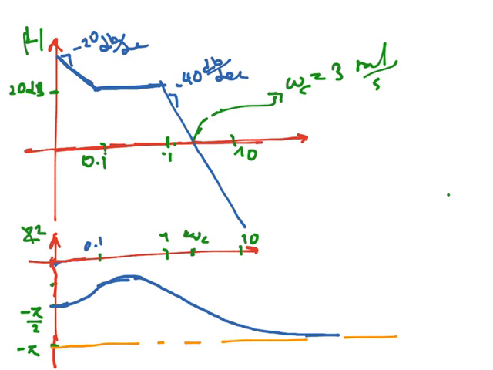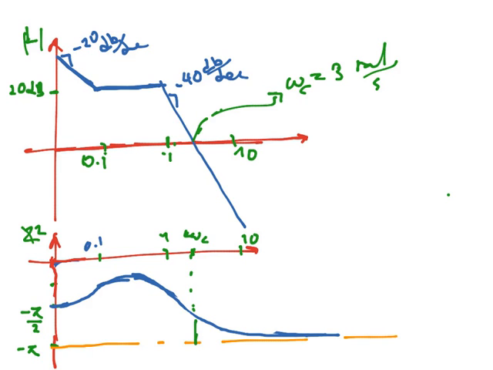Yeah, maybe this is not the correct one. This might be more realistic. However, you can easily draw it with the MATLAB commands. Now we can determine what's the phase margin for the system.